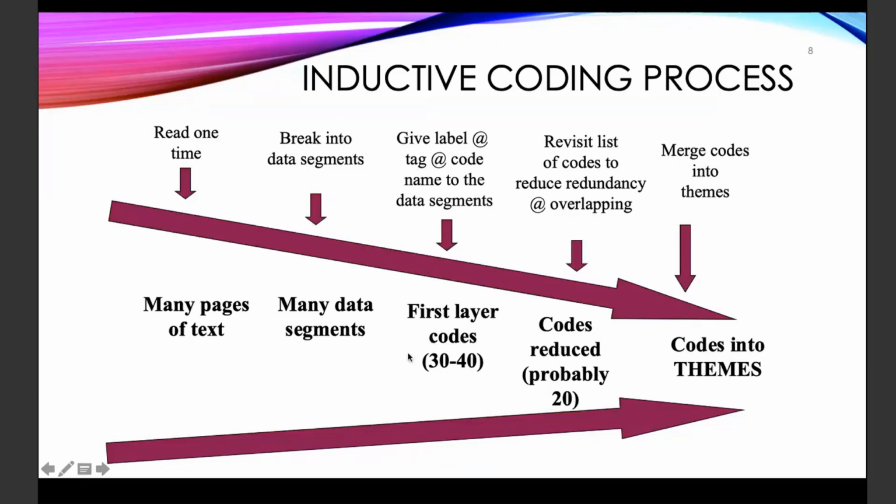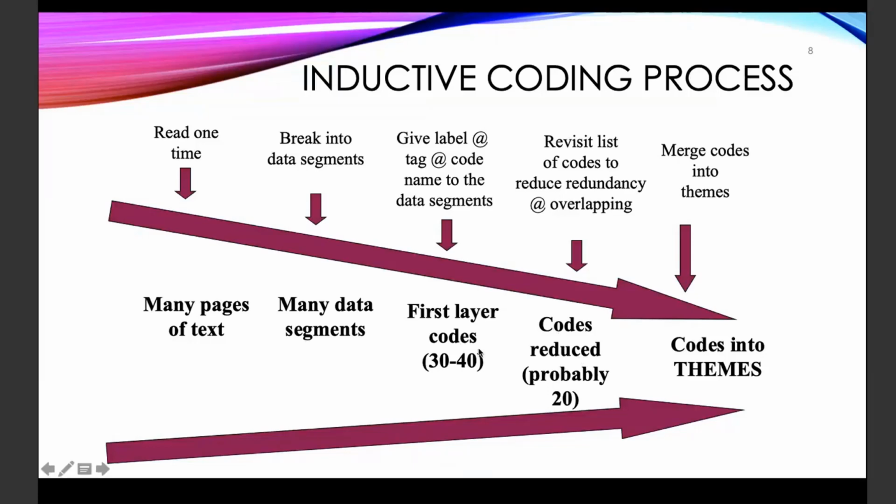Now, this example is just indicative to show you that in the beginning you will have many codes and then they will be reduced. Afterwards, in the second stage, where you find any overlapping or redundancies, you revisit that list of codes and reduce them. Like the example I gave, foster father, half father.